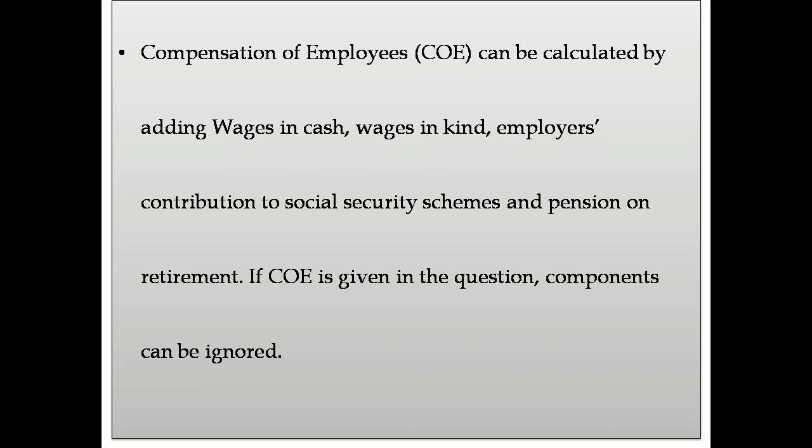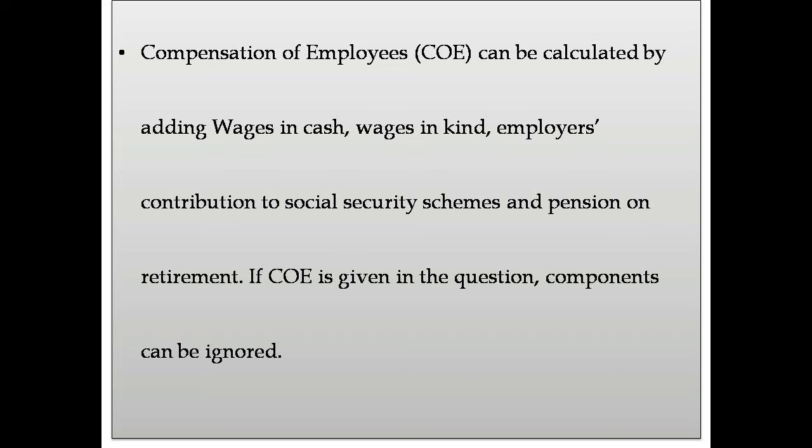So COE is equal to wages in cash, wages in kind, employers' contribution to social security schemes and pension on retirement. If COE is directly given in the problem, the other components we can ignore. In case COE is not given, whatever components are given, you must add up in order to get COE.